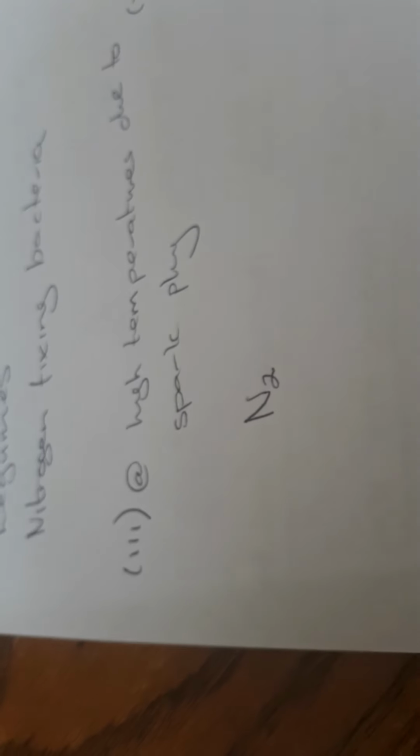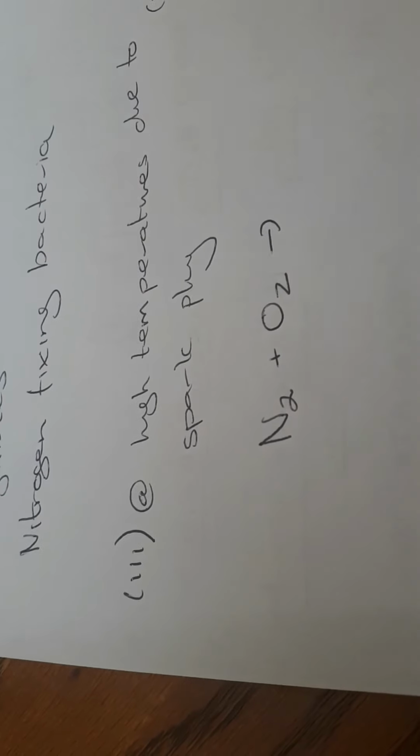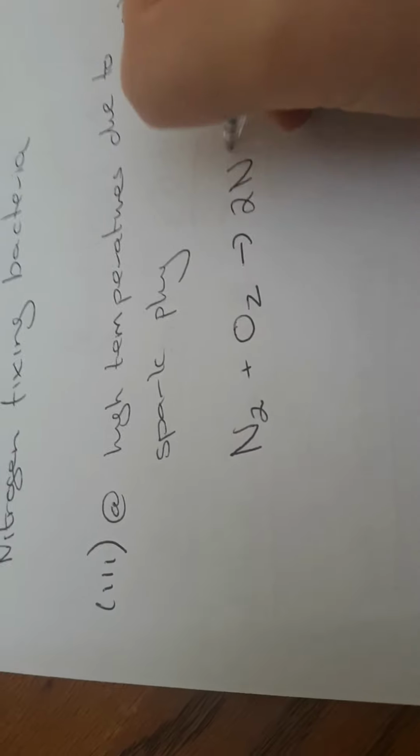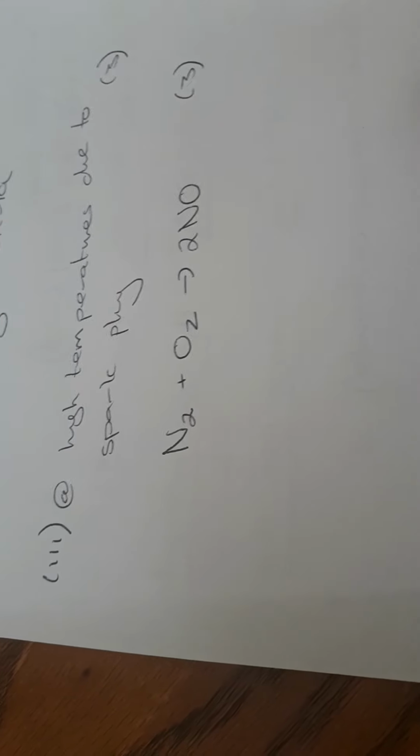But what happens is that my nitrogen, and remember, my nitrogen is inert. It will not react. But at high temperatures, due to the spark plug, it is going to react with the oxygen. And when it does that, it forms 2 nitrogen oxides, 2 NOs.